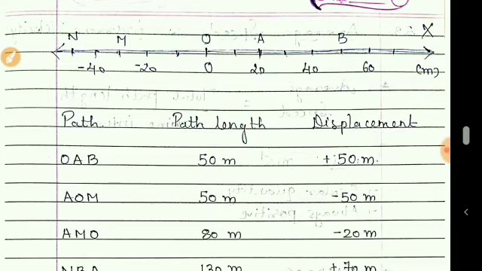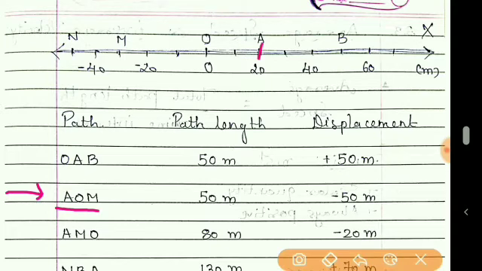Now let us see this second case. Now the path is considered AOM. So from this position, that is A, the particle is moving to O and then M, that is finally it is here. So in that case, what is the path length? So once again you can see here this position is nothing but minus 30, because it is between 20 and 40, so it is minus 30.